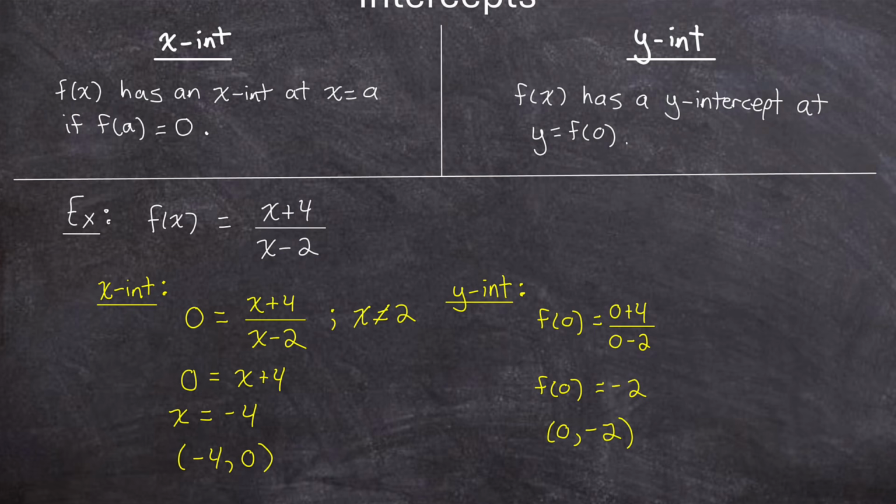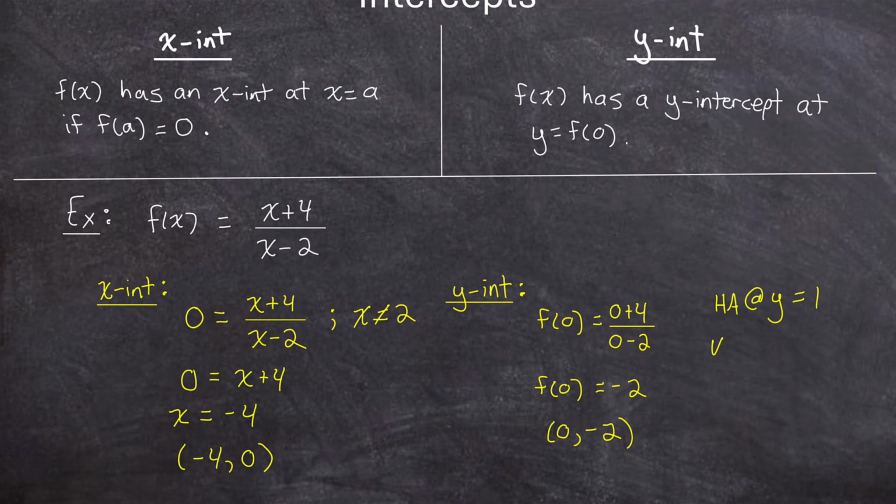And before showing you the graph of this function, let's quickly make a note about the asymptotes of this function. Because the numerator and denominator are both degree 1, they're equal degree, the horizontal asymptote will be at the quotient of their leading coefficients. 1 divided by 1 is 1. So there will be a horizontal asymptote at the line y equals 1.